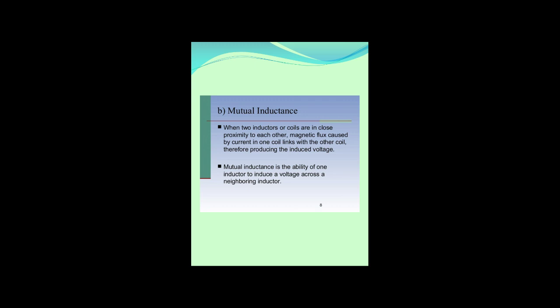In mutual inductance, two coils are magnetically coupled, meaning the magnetic flux of coil 1 affects coil 2, or links with coil 2. So we take an example. In the given circuit, flux phi 1 is due to current flowing in coil 1, and phi 2 is the flux which links coil 2.